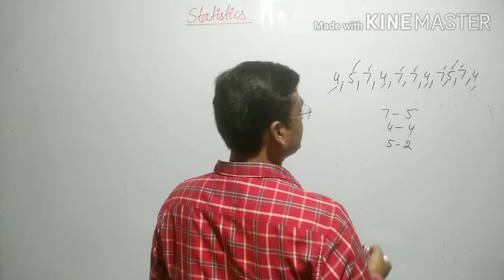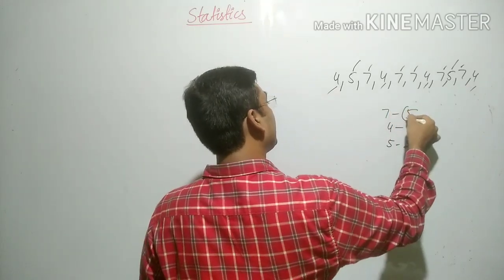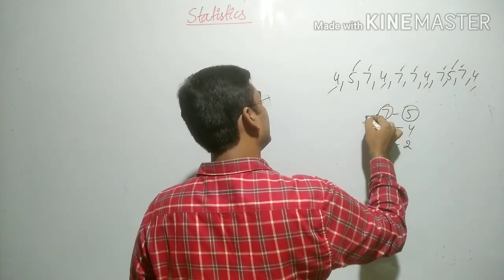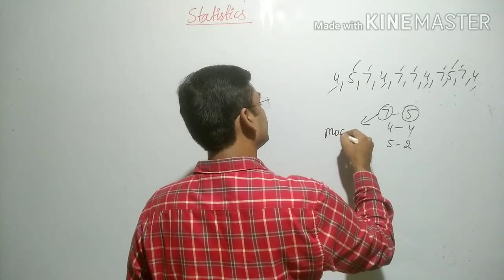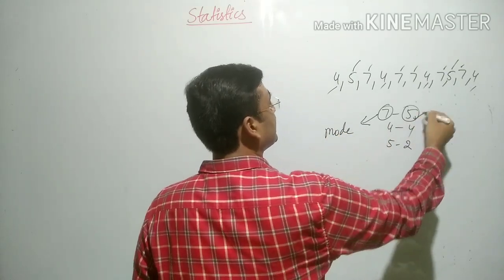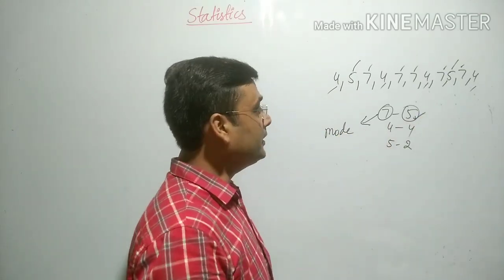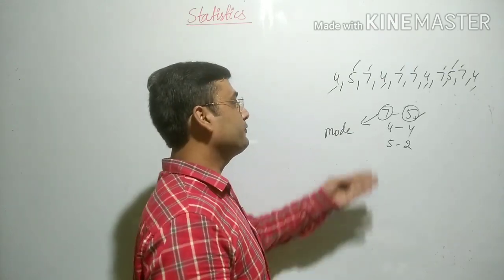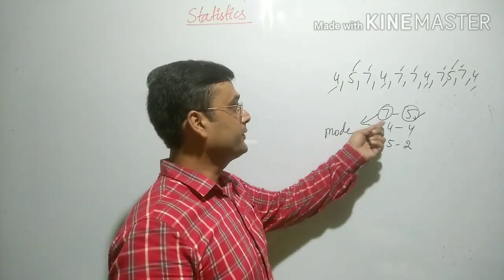So that means 7 is coming 5 times, so 7 will be mode here. We will see the frequency. Which frequency will be maximum, according to that we will write the mode. So 7 will be mode here.